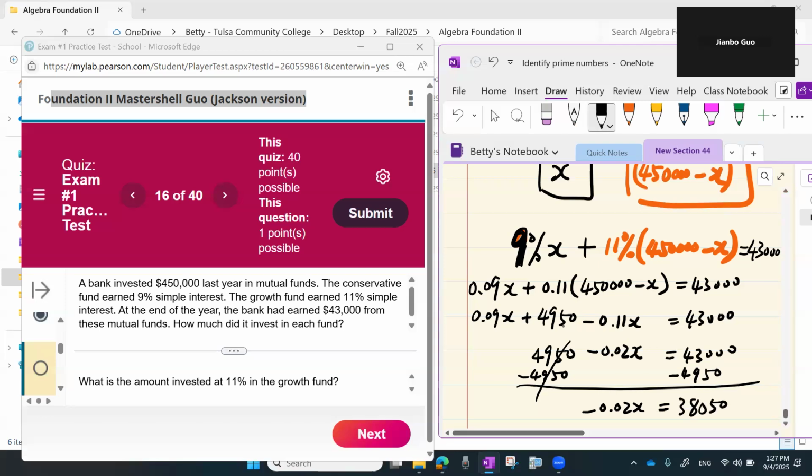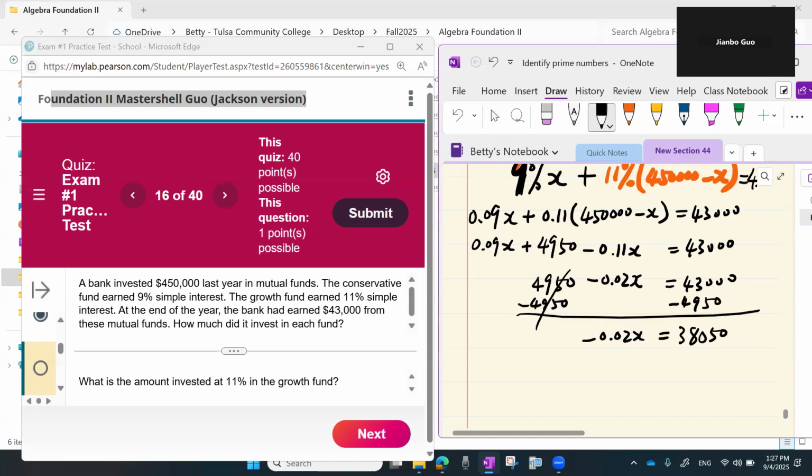38,050. And now we divide each side by negative. Hold on. Why did I get a negative number? The interest is 43,450. 450,000 here. 0.11.